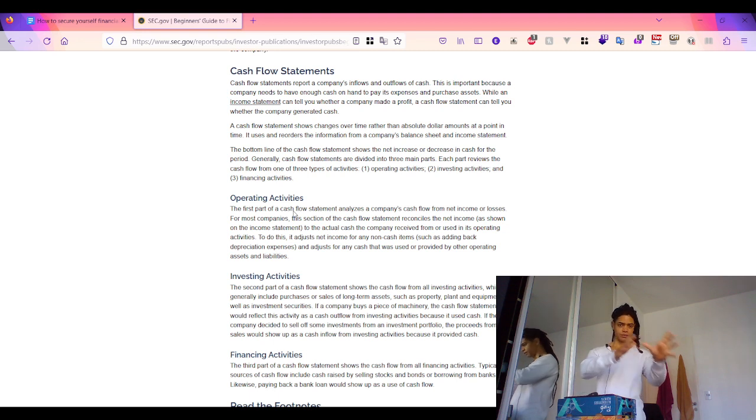So with that, I then look at the most common operating liabilities, where we have accounts payable, money that you owe to your suppliers and vendors, usually between 30 to 60 days, for things like raw materials, services, office supplies.